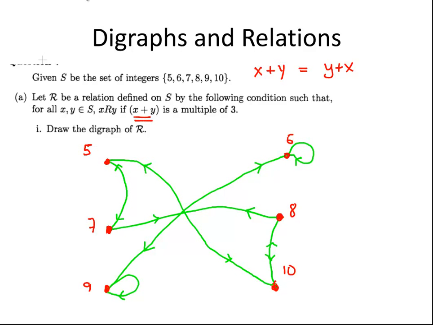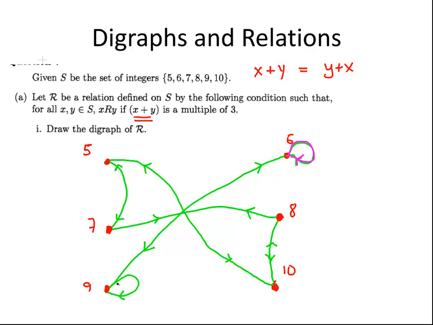So, for it to be reflexive, let's first look at 6 and 9. 6 is related to itself here because 6 plus 6 is equal to 12. Likewise down here at 9, 9 plus 9 is equal to 18. But those are only two cases out of the 6 members of the set.